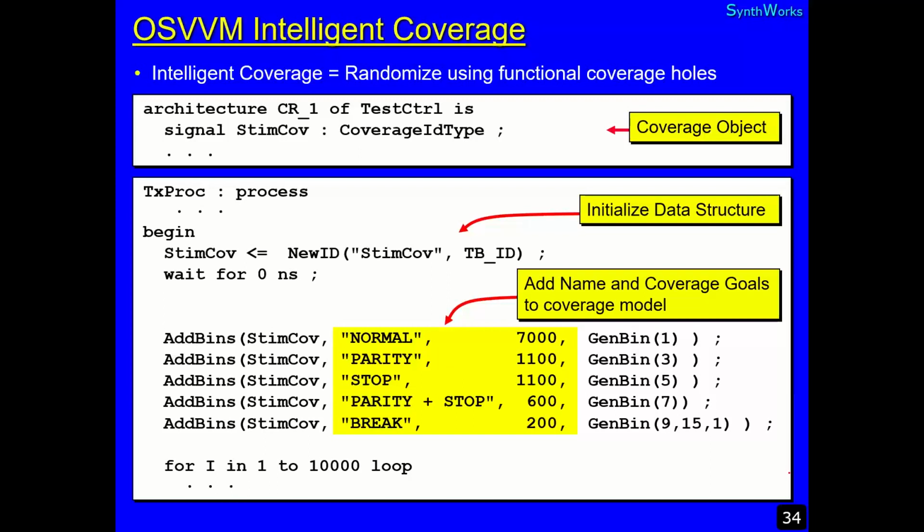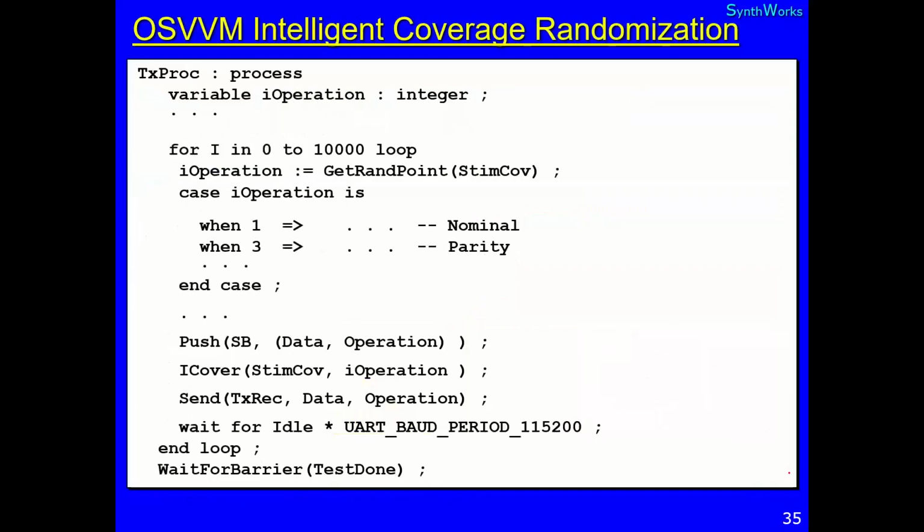And then we add our coverage goals. So this is our coverage goals here. Then we're just randomizing. To randomize in the coverage model, we call getRandPoint.